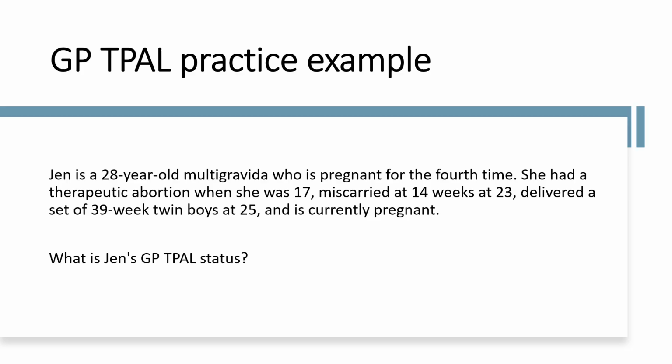What is Jen's G and P's, as well as her TPAL? So I want you guys to pause this slide, read through this practice, and write down your answer. So let's pause, and then you can continue with the PowerPoint.